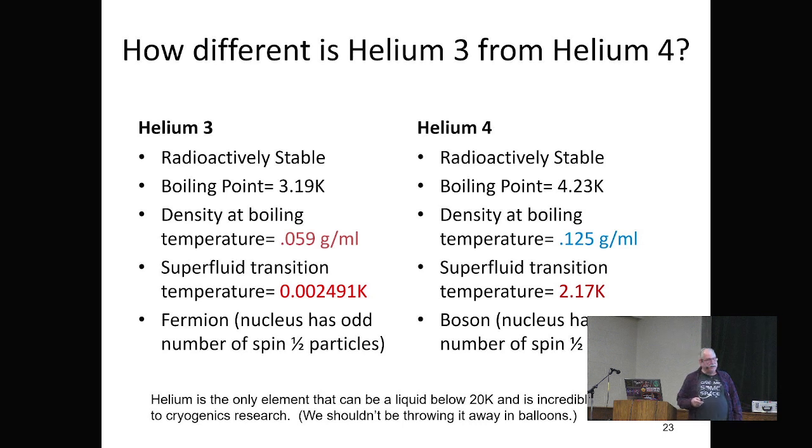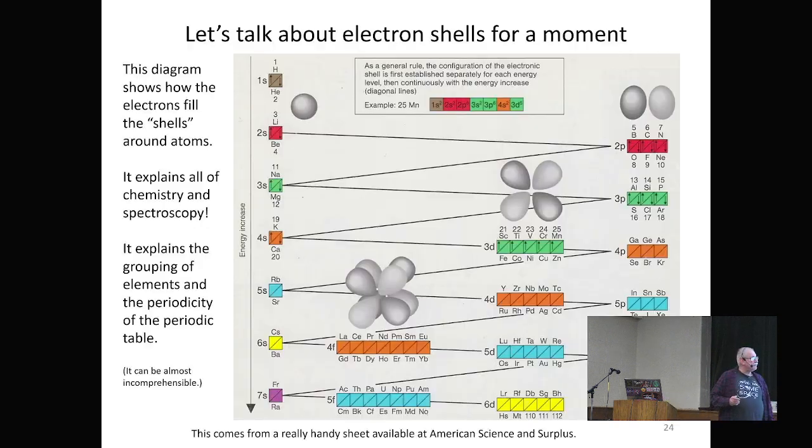So it's really amazing stuff. I worked for 20 years for an experiment called neutron EDM that operated at 400 millikelvin. The dilution refrigerator could get down to 275 millikelvin.